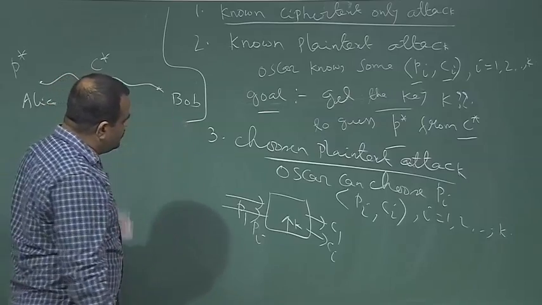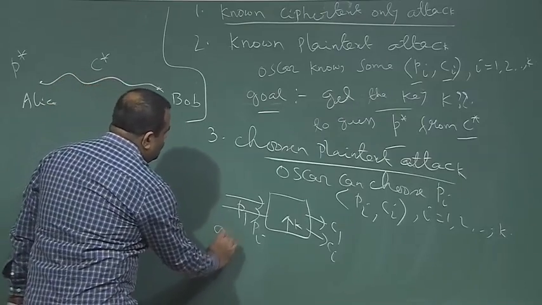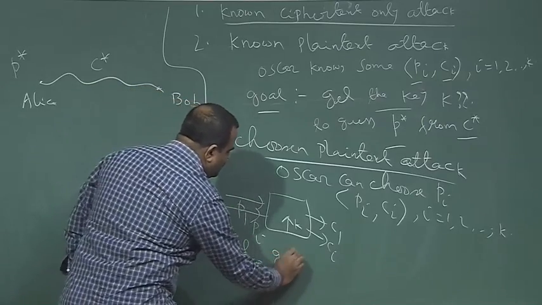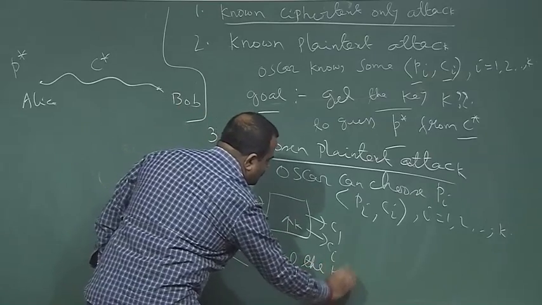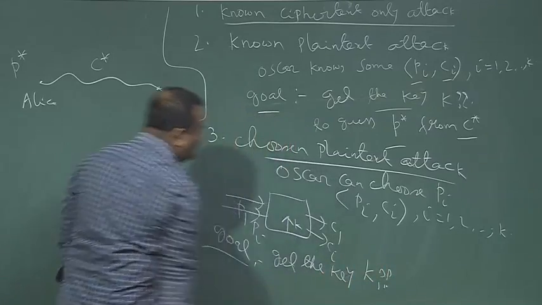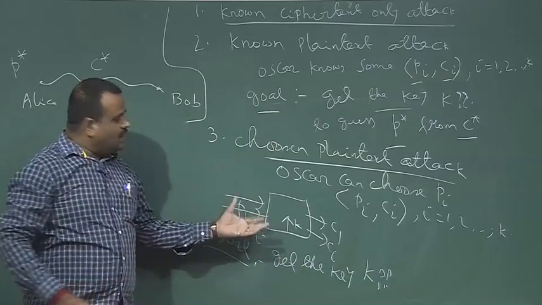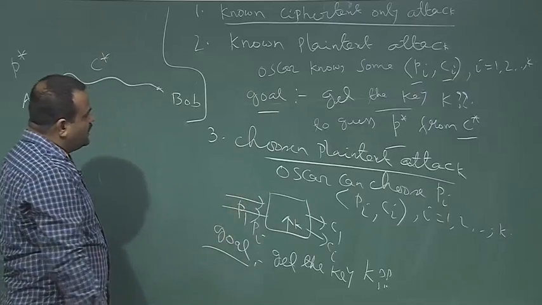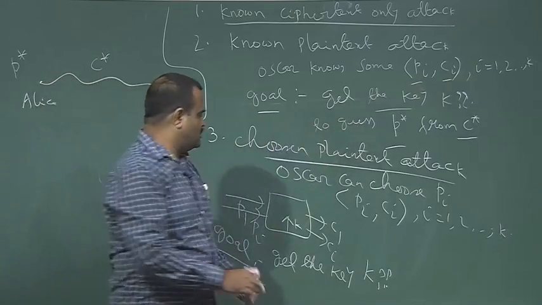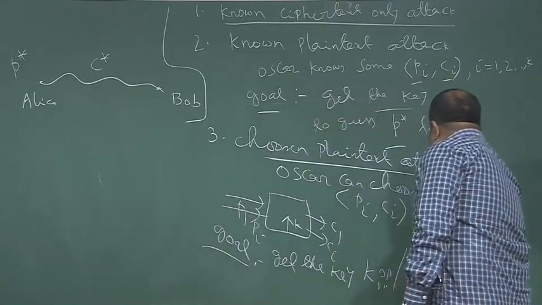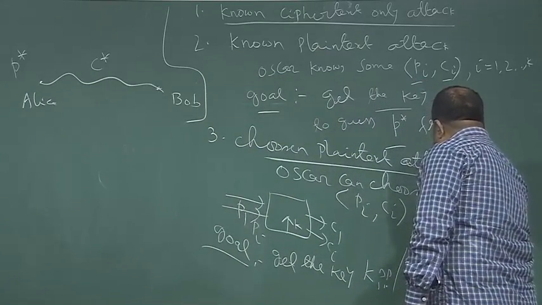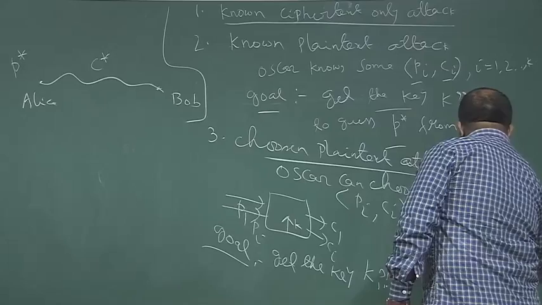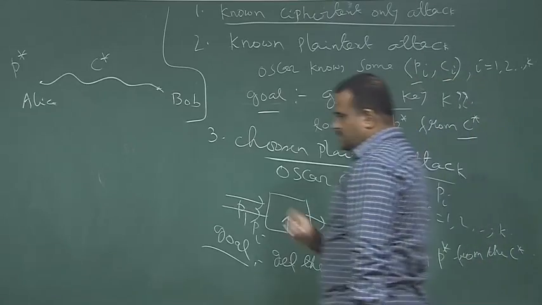What is the goal of Oscar? Oscar's goal is to guess the key K, or, after we stop the temporary access to this encryption machinery, to guess P star from C star.